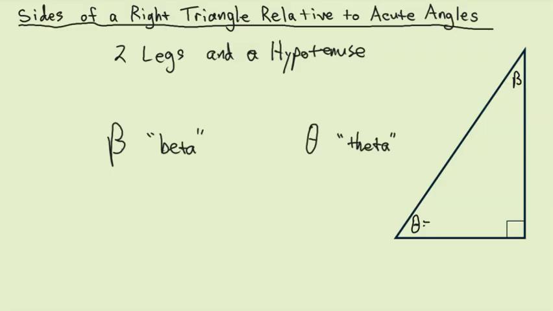For example, theta might be equal to 63 degrees, and if theta is 63 degrees, then beta is equal to 27 degrees, because 27 degrees plus 63 degrees equals 90 degrees. So all I'm introducing is the idea that we often use the Greek letters beta and theta to represent the angle measures of the acute angles in a right triangle.